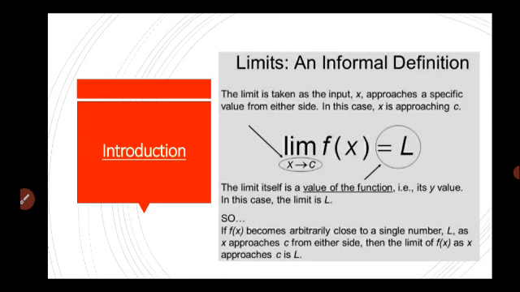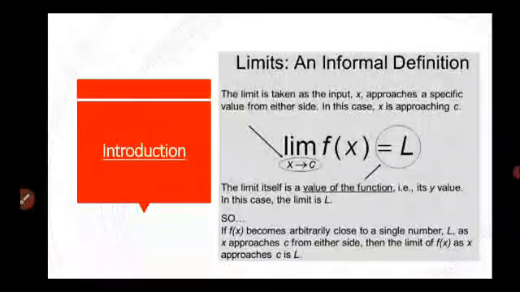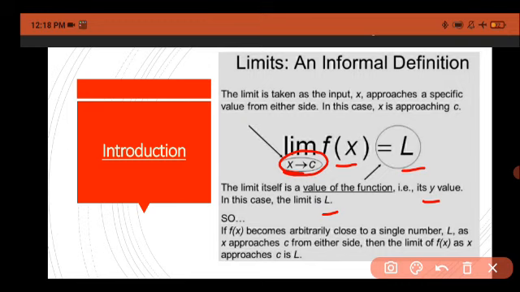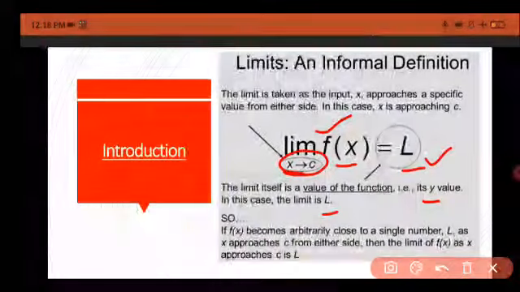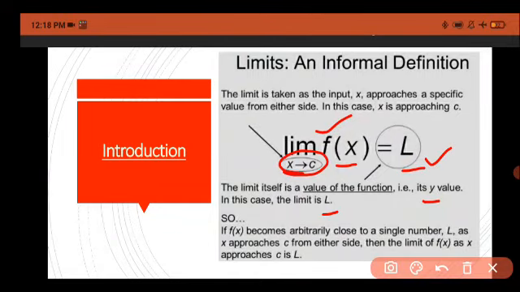The limit is taken as input x approaches a specific value from either side, meaning left side or right side. In this case, x is approaching c. So we can read it as limit x tends to c of f(x) equals L. The limit itself is a value of the function, that is its value y.